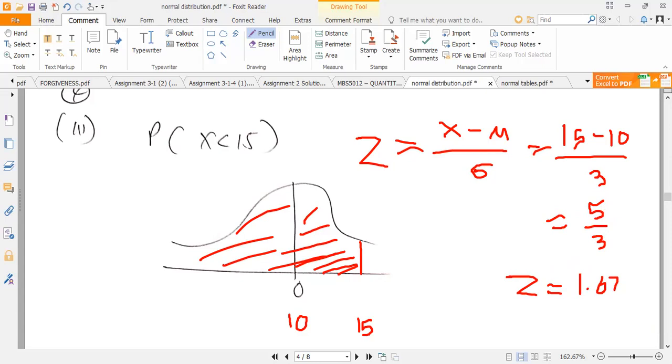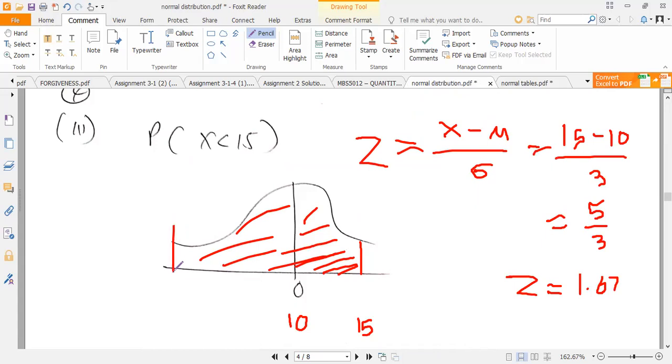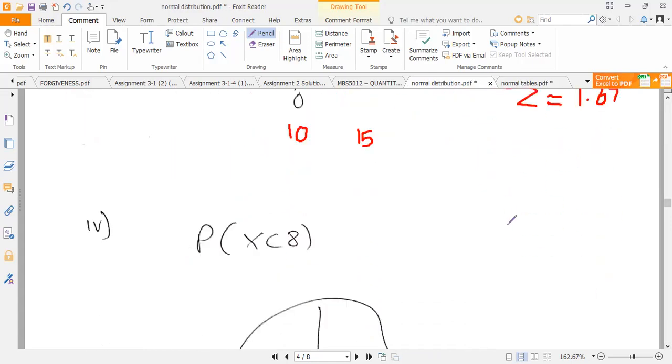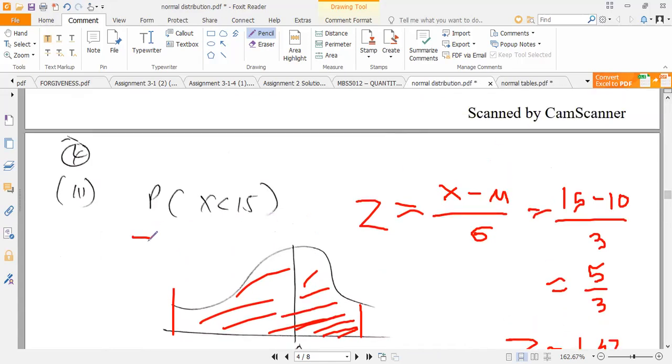So when you read 1.67 from the table, what is it giving us? The same one, 0.9525. So this one from here to here is 0.9525. So we don't subtract. It is going to be directly read, 0.9525. Excellent. All right.